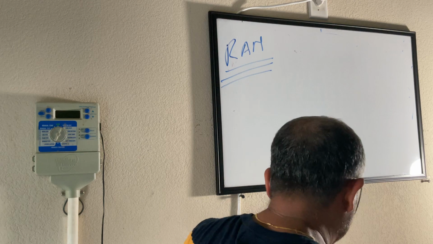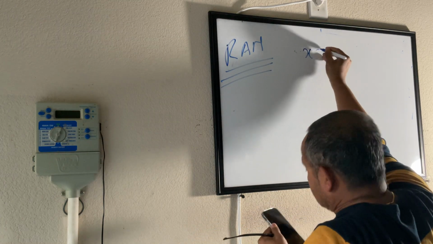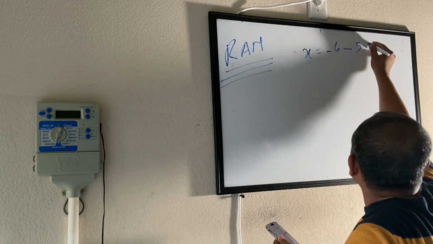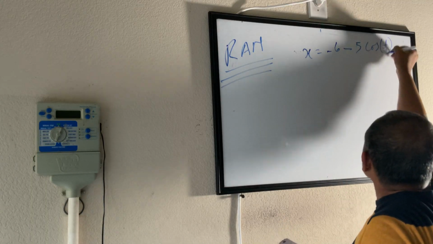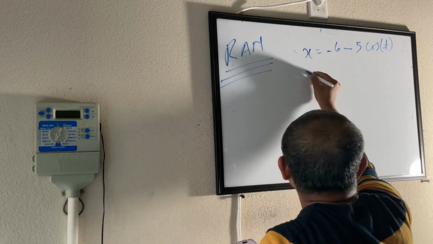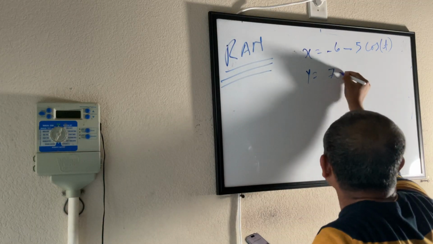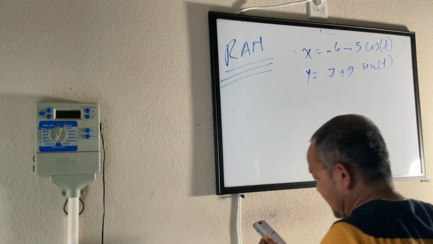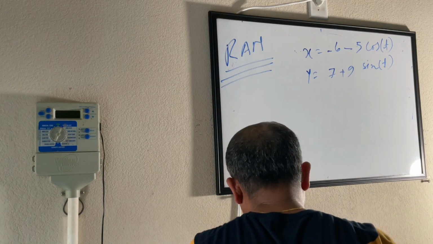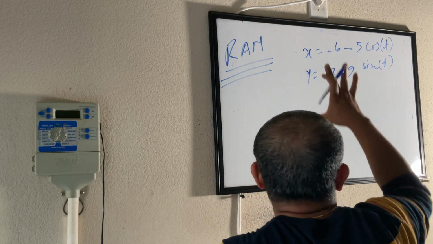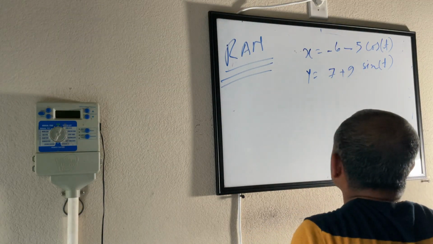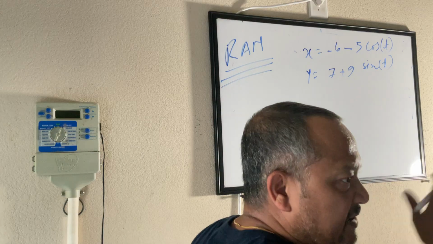Now here's the question. x equals -6 minus 5 cos of t, y equals 7 plus 9 sin of t. Convert the parametric equation into rectangular form, meaning write the equation in terms of x and y.